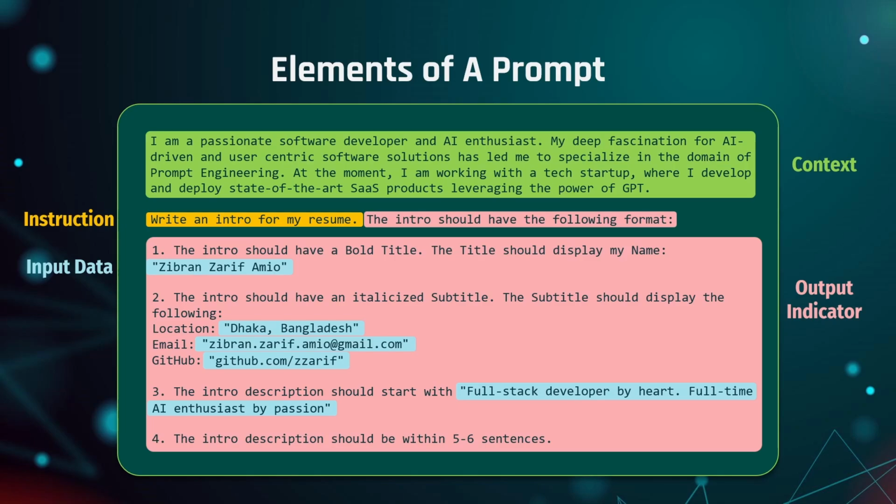Additional information, so that we can better specify what we really want, right? For example, I provided ChatGPT with additional information about myself, okay? And combining all these elements gave us the best possible output, right?